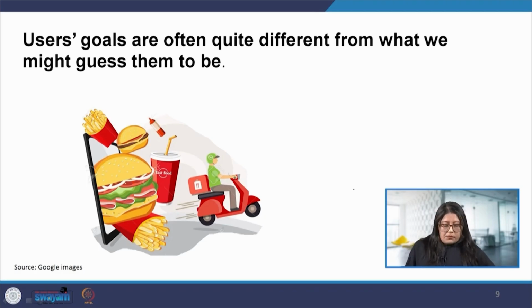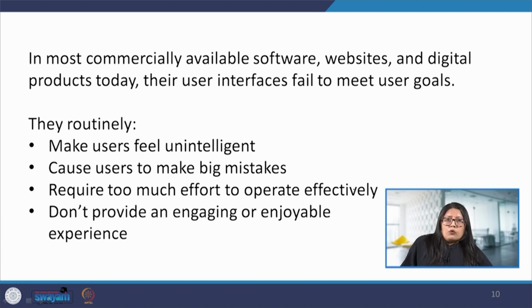as well as the user. Now, most of the commercially available software, websites and other digital products use interfaces to meet user goals. We notice that they sometimes make users feel unintelligent.